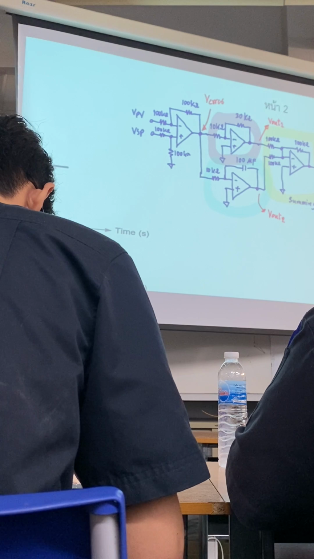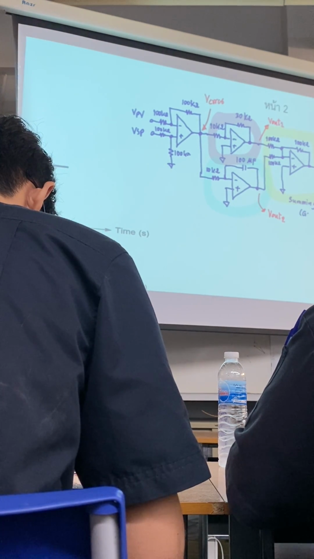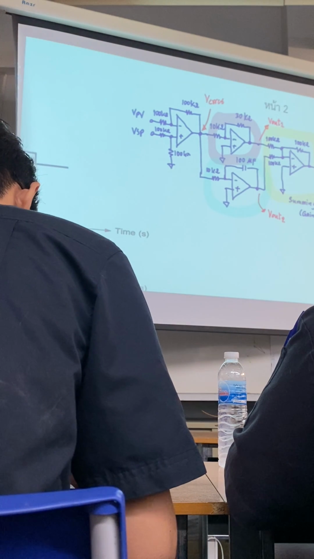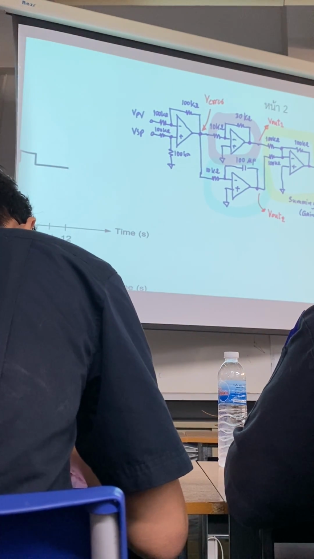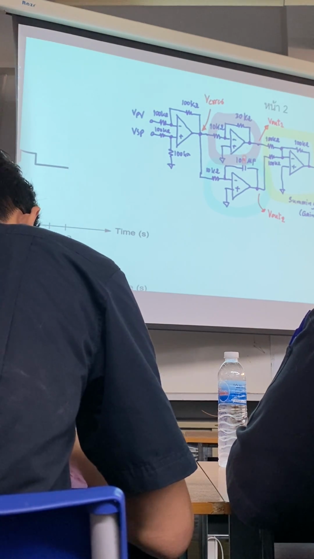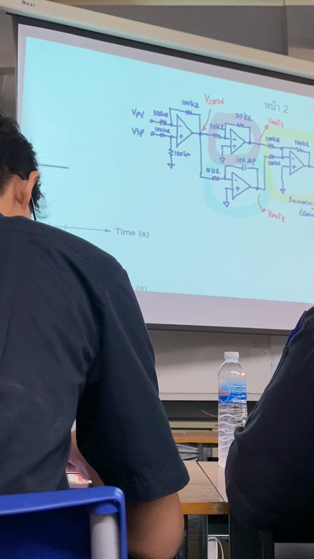Then I can define the gain as equal to 1. So we just combine the effects of the P controller and the I controller, and you will get one output.